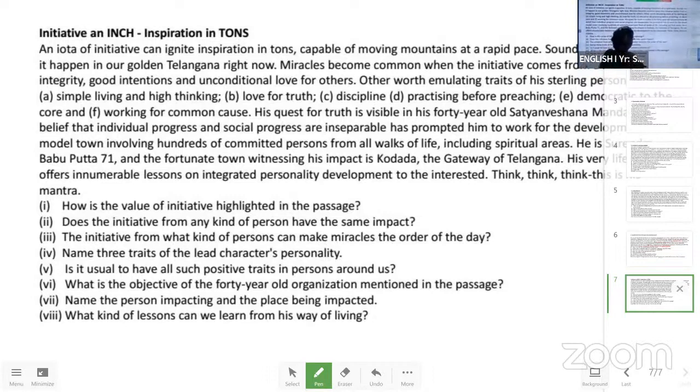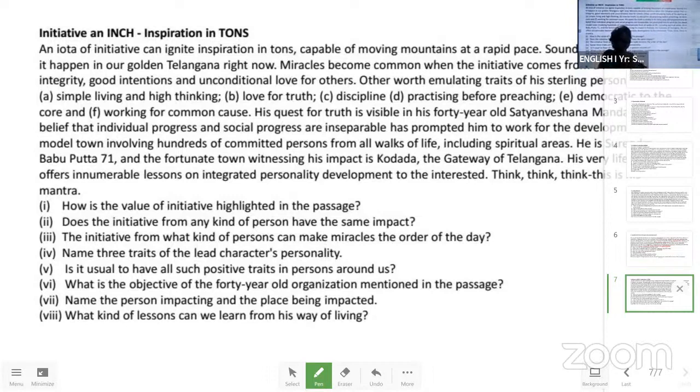Other worth emulating traits of his stirring personality: simple living, high thinking, love for truth, discipline, practicing before preaching, democratic to the core, and working for common cause.